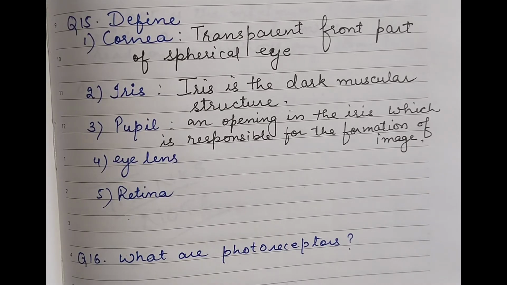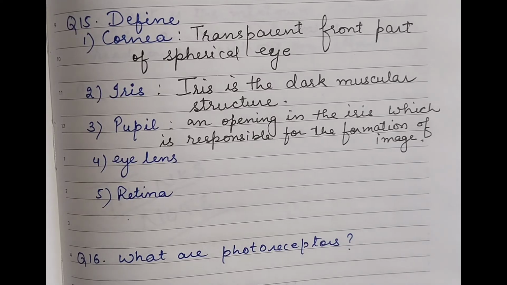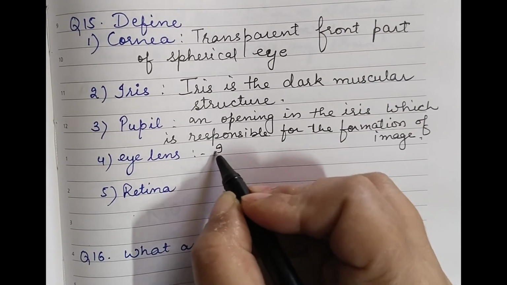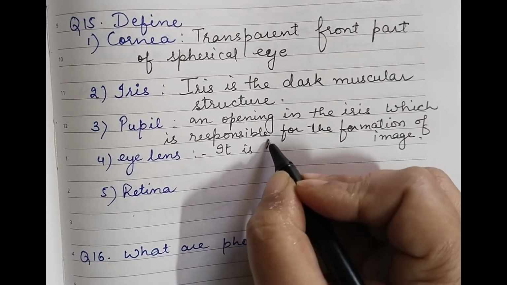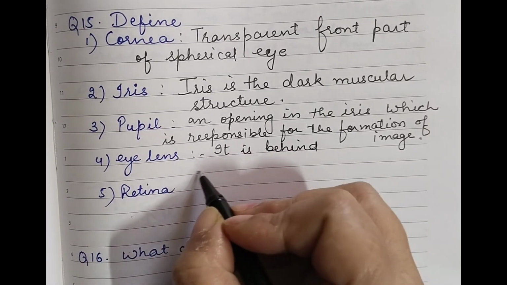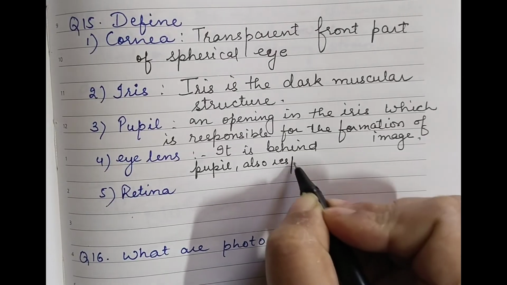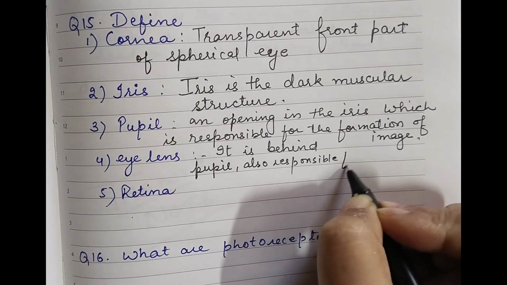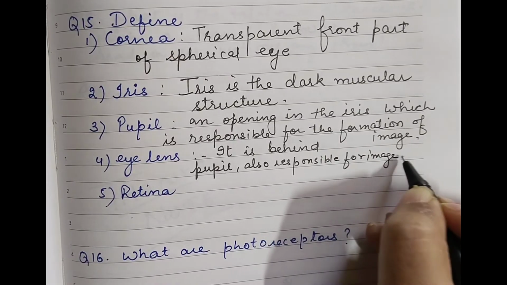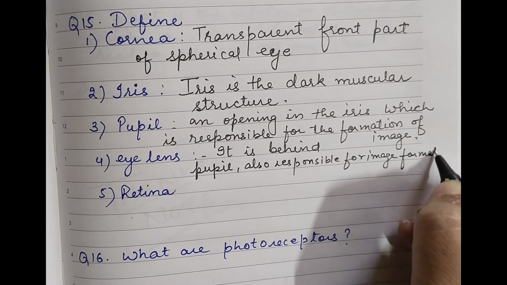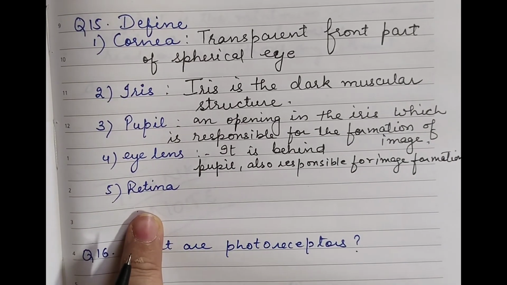What is the eye lens? The eye lens is also responsible for the formation of image. It is behind the pupil. Now the retina is the inner wall of the eye.